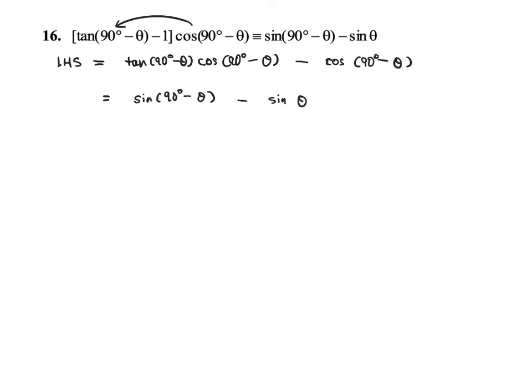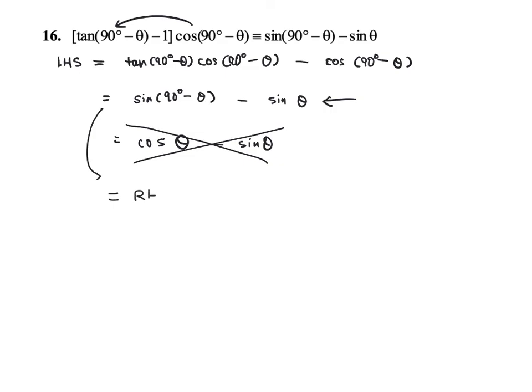Okay, so I change it, okay, in this way, and then you have cosine theta minus sine theta. Okay, no matter which one, you can see that you should stop at this position instead of going up, okay, because you can check it, it is exactly equal to the right hand side. Okay, that is why, because left hand side is identical to the right hand side, it is an identity.